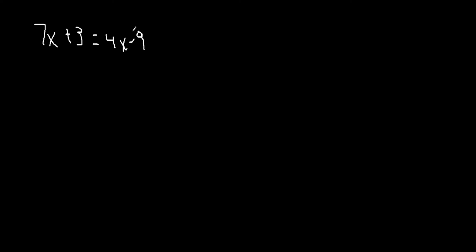So to collect our like terms, we have to move these terms to different sides. So we have 7x plus 3, and we can move now our 4x to this side of the equation.